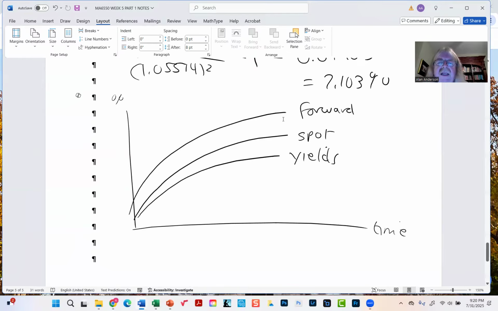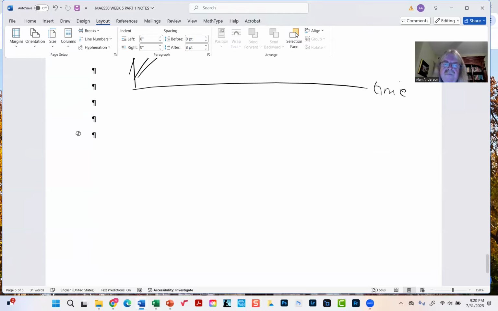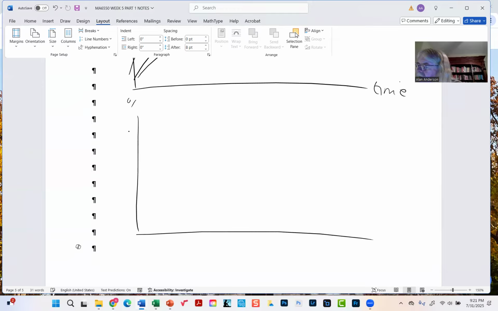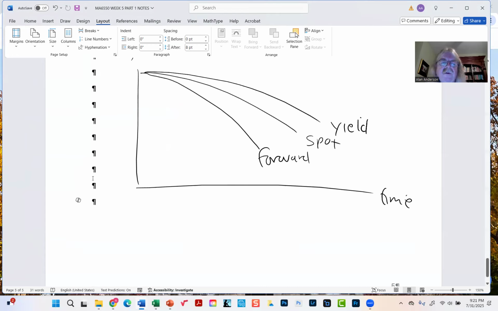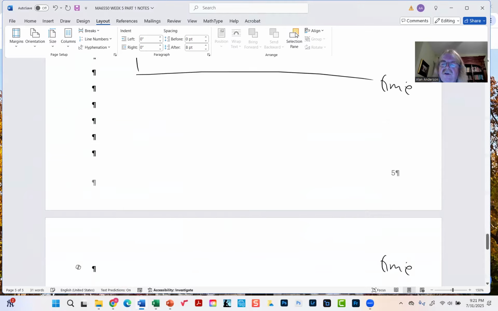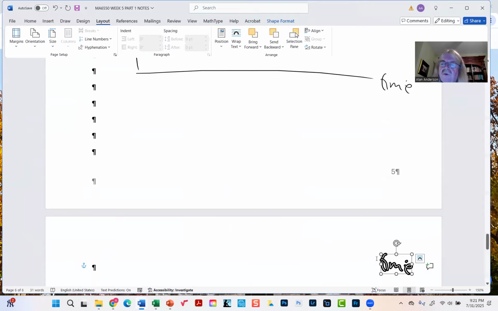If the yield curve is sloping downward, then it works in reverse. Now, of course, that's probably a little exaggerated, but you get the idea. They're all going down together, although the forward rate is going more quickly. And if the yield curve is flat, then they're all going to be flat.